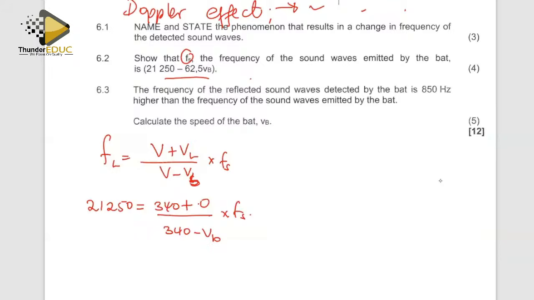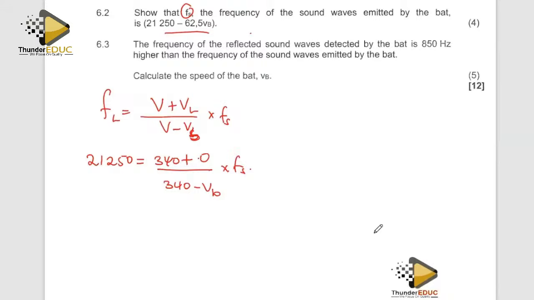Now remember, we're looking for the frequency of the source. Then I'm just going to multiply through. So I have my 340 minus VB multiplied by Fs. Let's divide through by 340. I don't want to open those brackets.